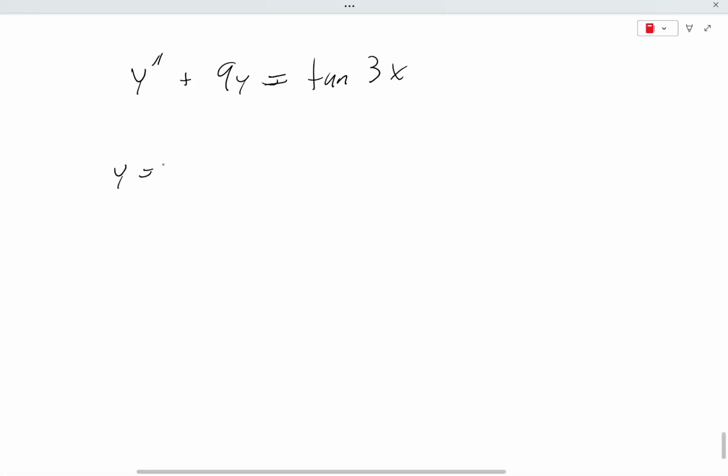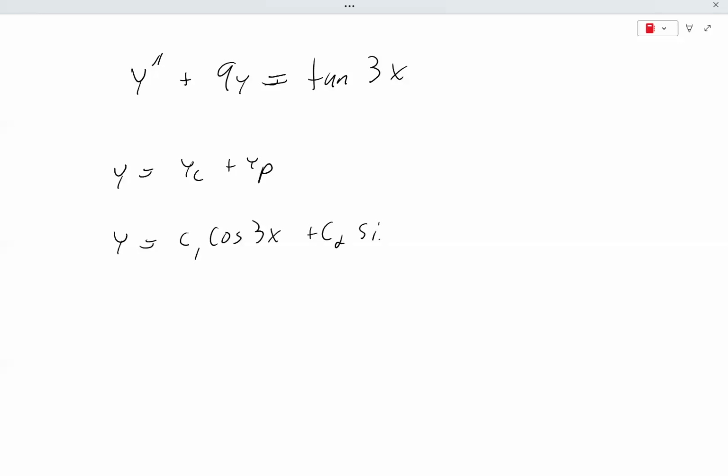You got y equals y sub c plus y sub p, and your y sub c here is cosine and sine. So c1 cosine 3x plus c2 sine 3x. That'd be the complementary solution, plus the particular solution.